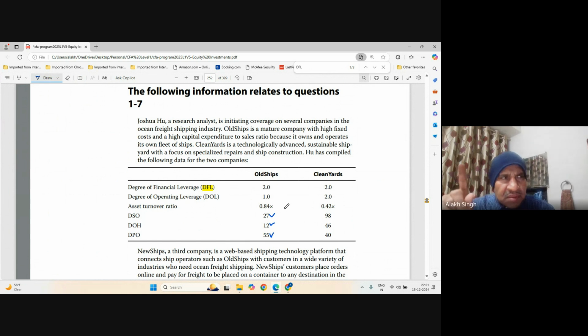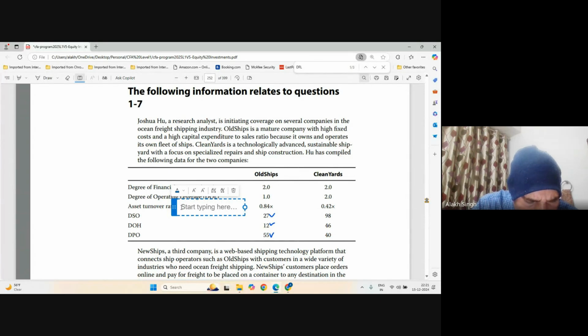Asset turnover means total sales divided by average total assets. Let me type it here so that there is no confusion. Total sales means revenue divided by average total assets. So that is asset turnover.